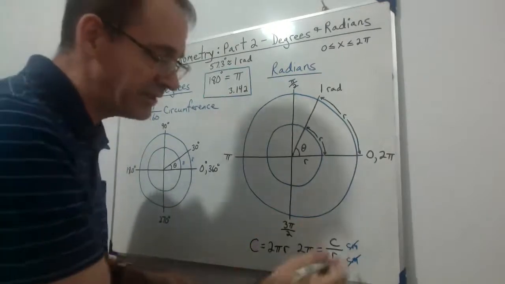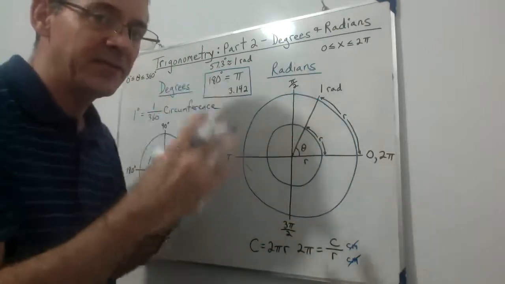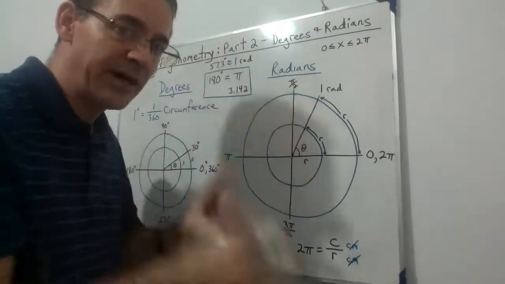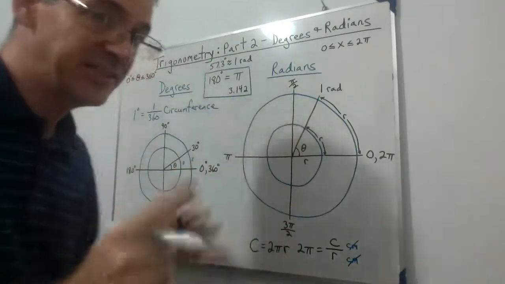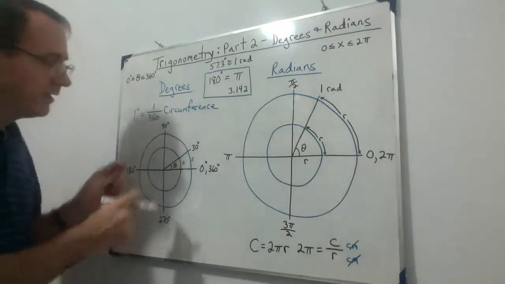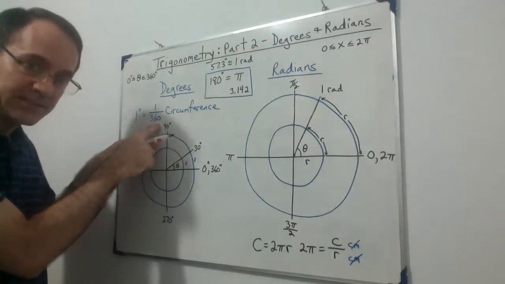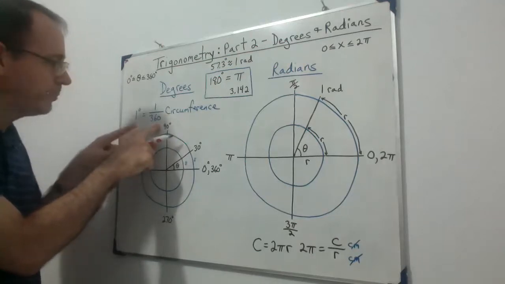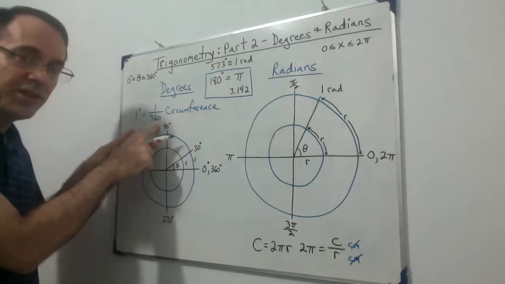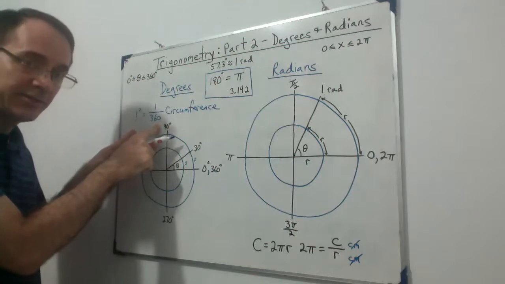So the units in radians, because it's circumference divided by radius, or one length divided by another length, that's different from degrees, which is a length just divided up into 360 pieces. So one piece is called 1 degree. You still have the unit, it's just an angular unit.